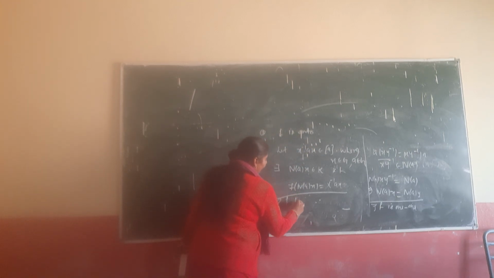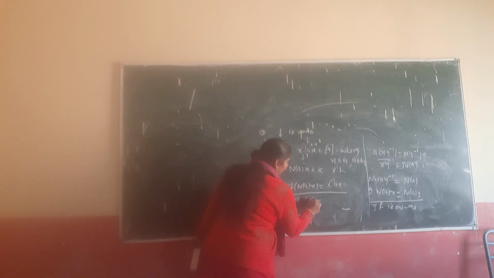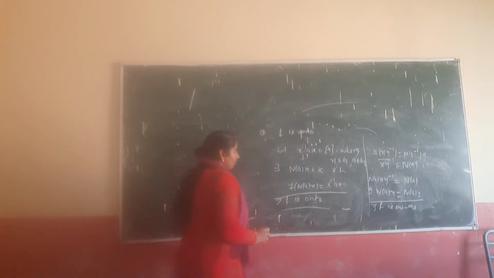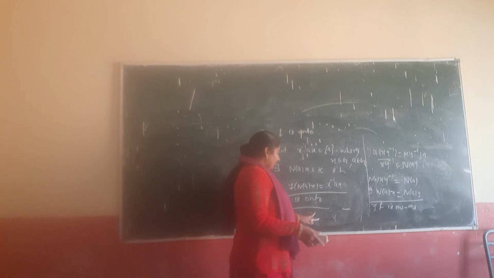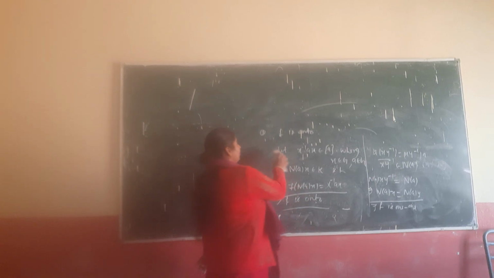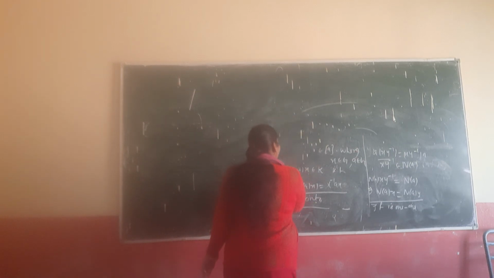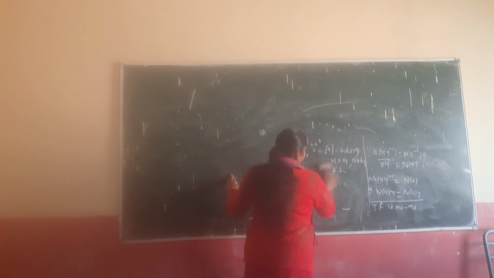So we can say that F is onto. F is one-one, F is well defined and F is onto. So this mapping F is a bijection.